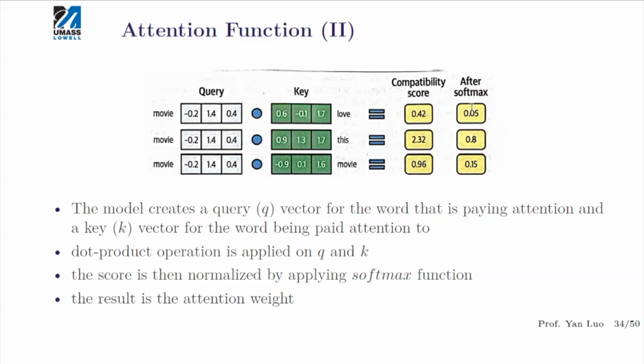This number is what we call the probability. So the sum of these numbers will be 1, where each of them represents the probability or the degree of relevance in a sense. The higher number represents highly relevant or more attention.